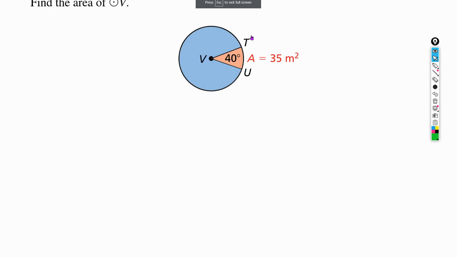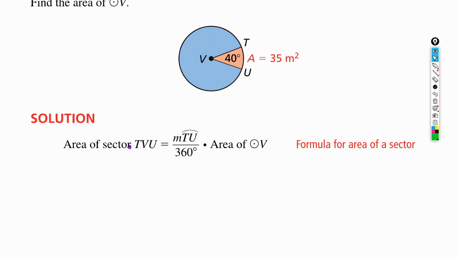All right, so here we're going to find the area of the entire circle. We are going to use the measure of arc TU, which is 40 degrees. Remember, if the angle is 40 degrees, then this arc is also 40 degrees. So I can use that.